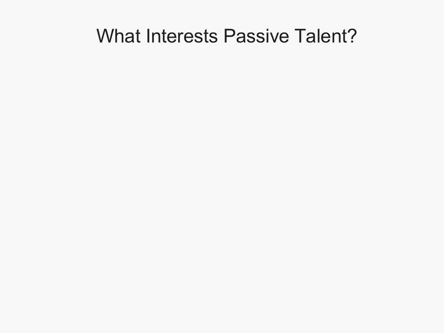But the reality is with active talent, if the position's good enough, they're your applicants, right? You're going to get those people to apply because they're hungry, they're in the market, they're unemployed. So that's kind of the low-hanging fruit. What we're more concerned about is how you can make sure your job postings are targeted towards passive talent.